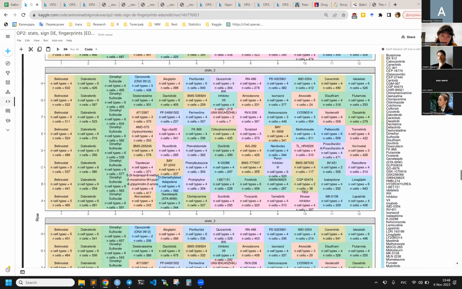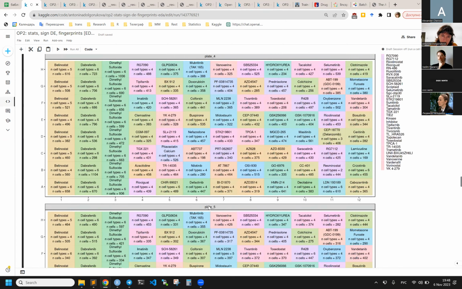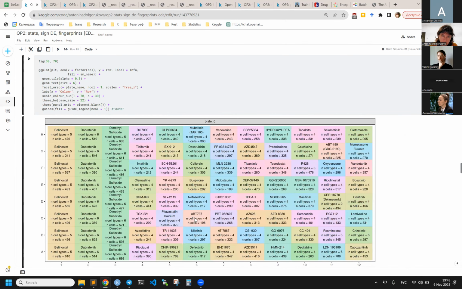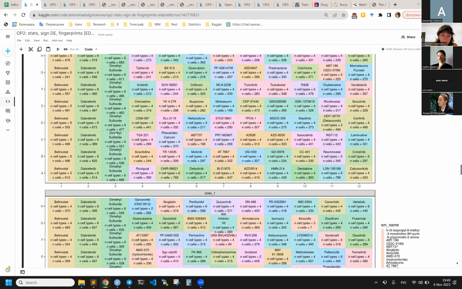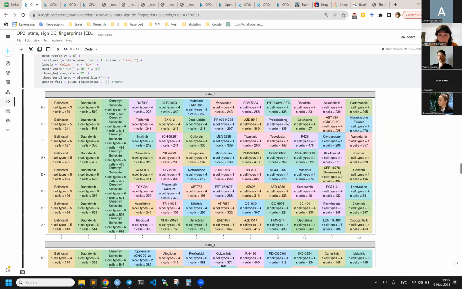There were 6 plates, so I have six plots here, and each plate consists of several columns. In each plate, one column was always treated with 2 positive controls and 1 negative control, almost the same column on each plate. All other wells in the plate were treated with different drugs.